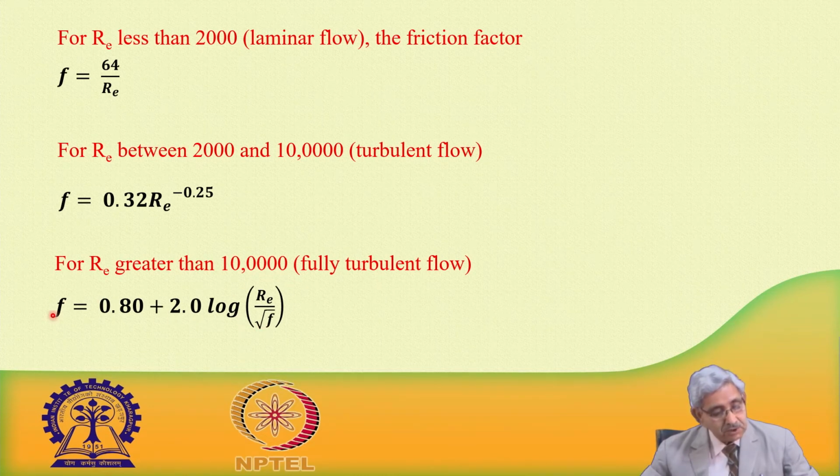Now, F appears on the left side as well as the right-hand side of this expression. So, here trial and error, that is repetitive computation, is needed to get the correct estimate of the value of F.